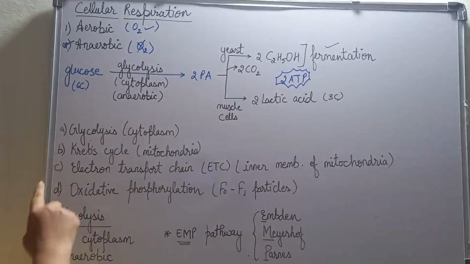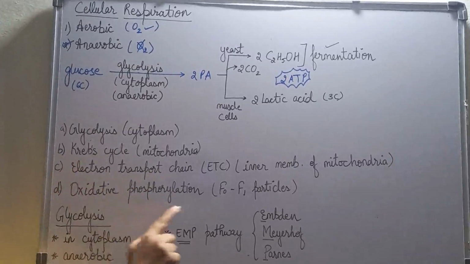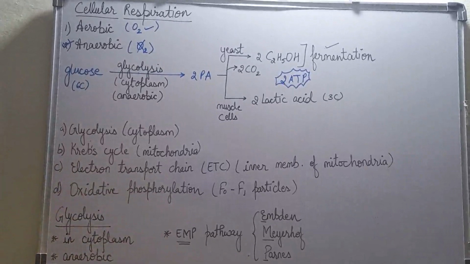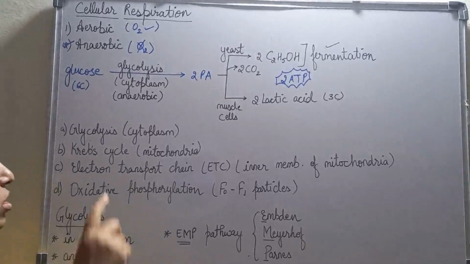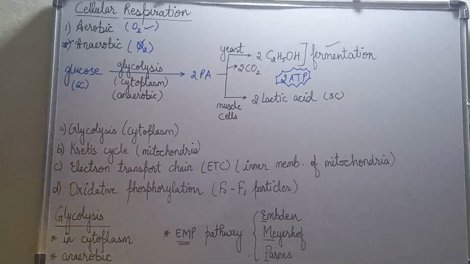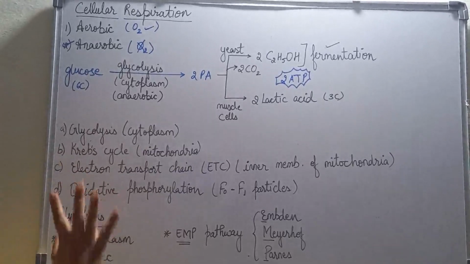And remember, these steps, that is the Krebs cycle, ETC and oxidative phosphorylation, are all aerobic respiration, meaning they require oxygen, whereas glycolysis is an anaerobic respiration, meaning there is no involvement of oxygen in glycolysis.